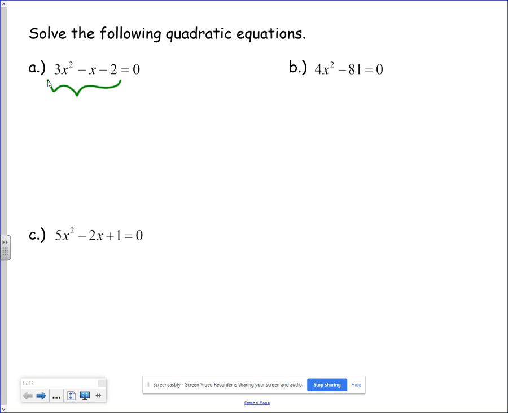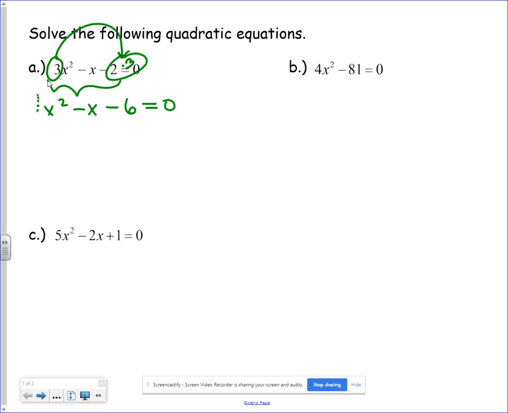So we're going to use slip and slide. So we're going to take this 3 and slip it to the back. Now we got 1x squared minus x minus 6. Because if you guys remember, when you slip the 3 to the back, you got to multiply those two numbers together. That's how we get the 6.